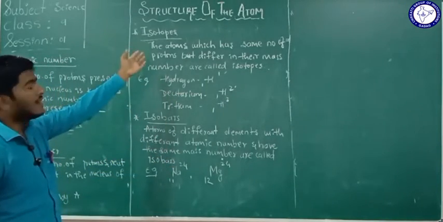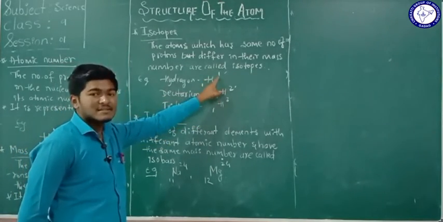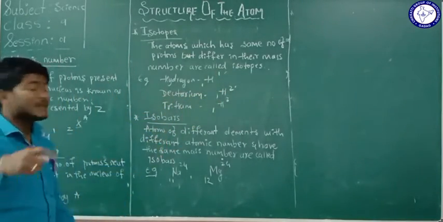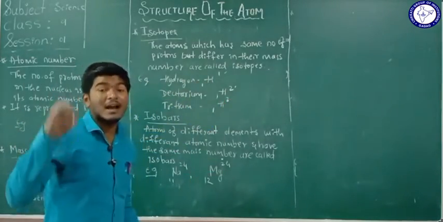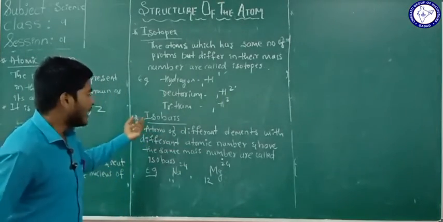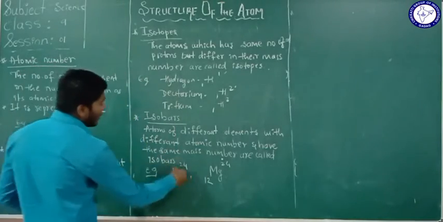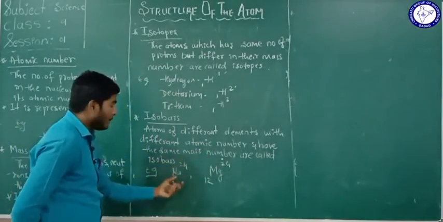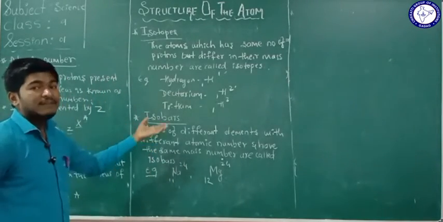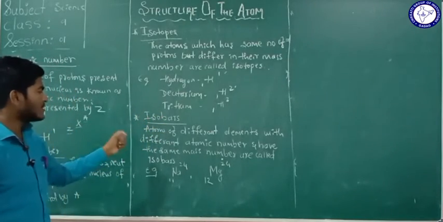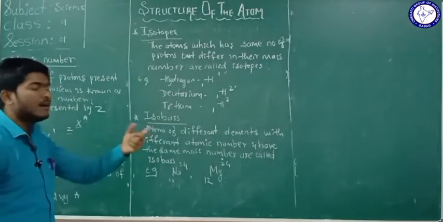In the case of isotopes, they have the same atomic number but differ in mass number, and they are atoms of the same element. But isobars are atoms of different elements that have the same mass number but differ in their atomic number. These are called isobars.